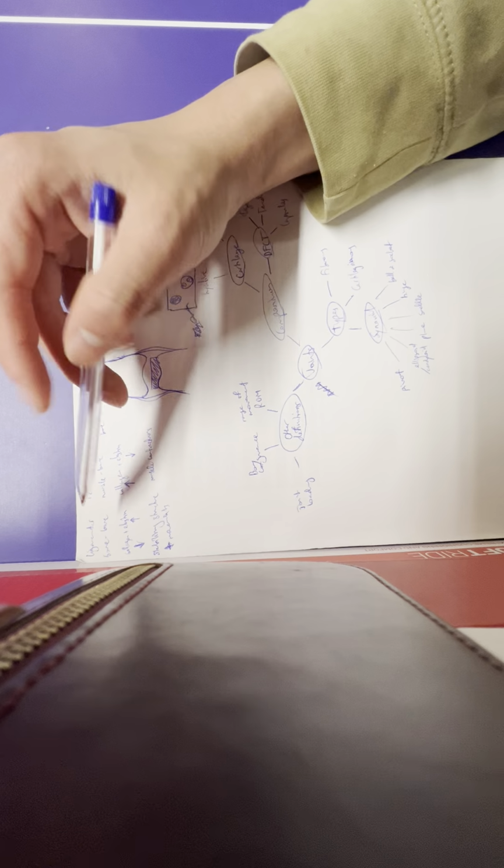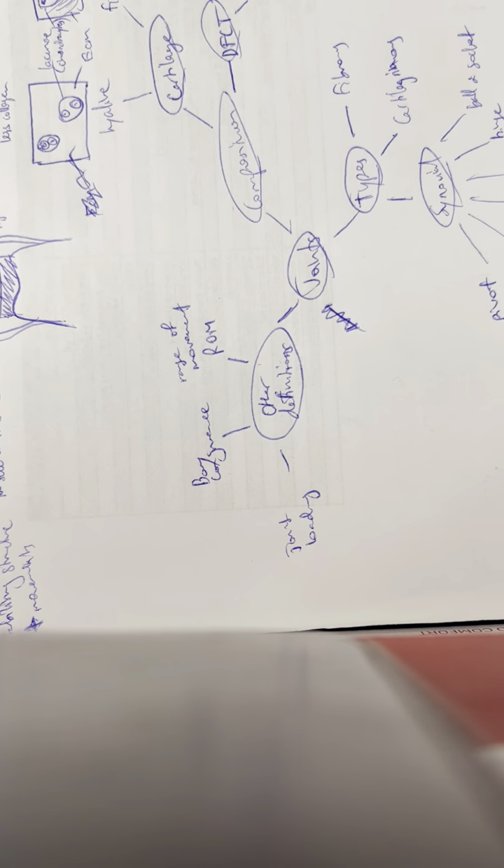So the outermost layer is not the capsule itself, but the ligament. As I said earlier, it connects bone to bone. So this would be called capsular ligaments, just like that.